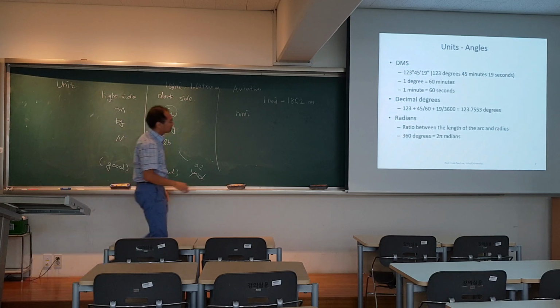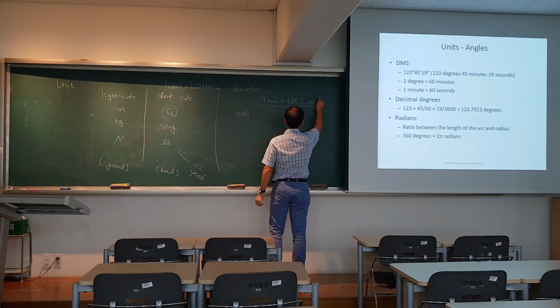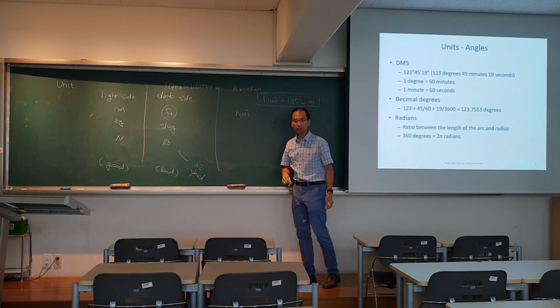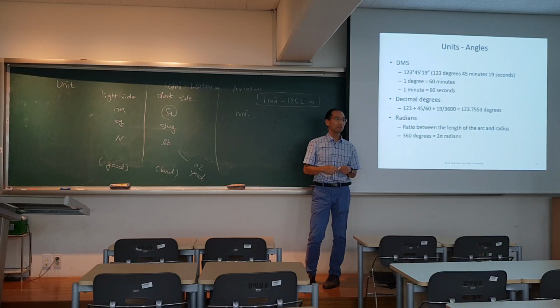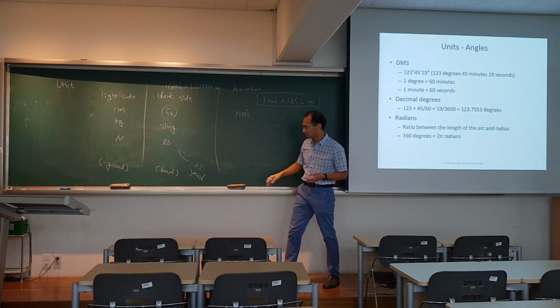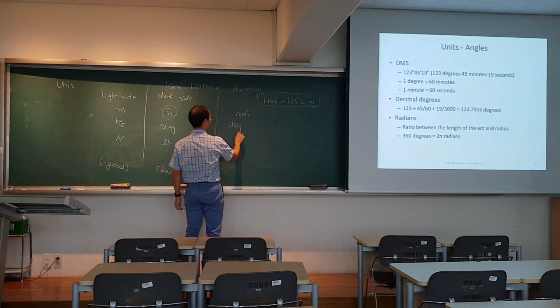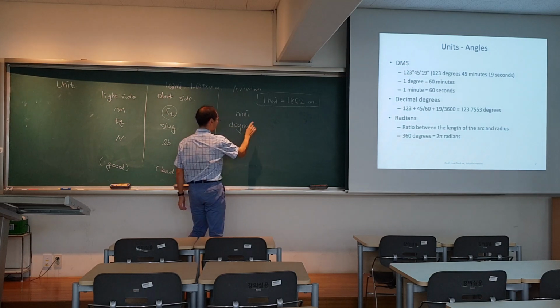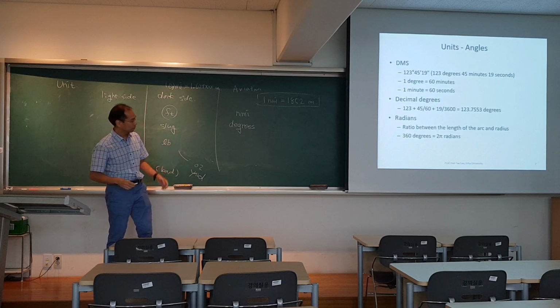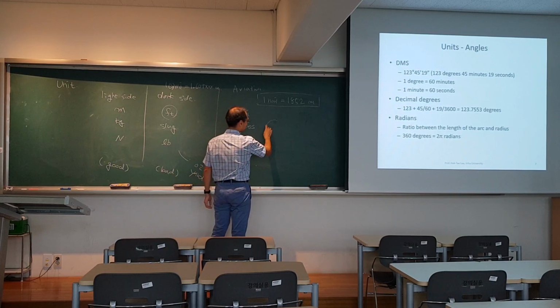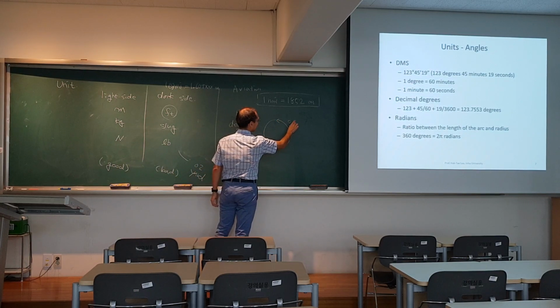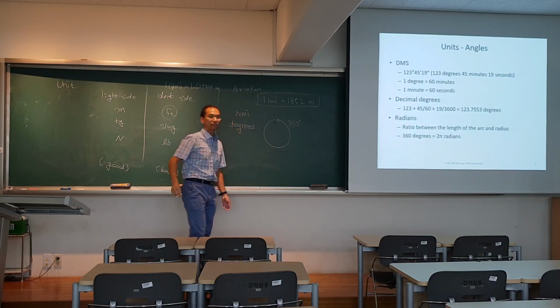Now, where does this weird number come from? To understand the nautical mile unit, we have to learn a little bit about degrees, which you all know. We know that a full circle is 360 degrees.